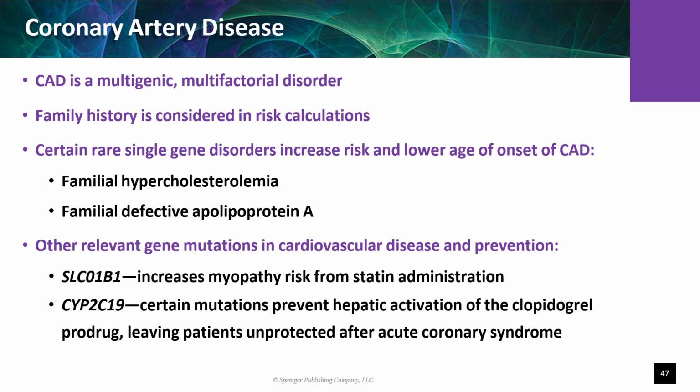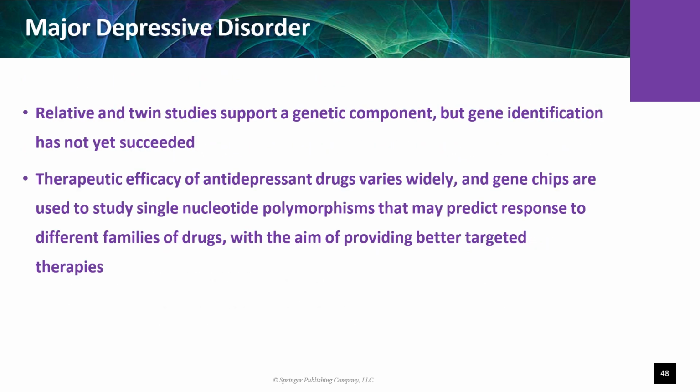There are some single gene disorders that can increase the risk and decrease the age of onset of coronary artery disease. Major depressive disorder is thought to have a genetic component, and it can be familial, therefore seen in family pedigrees.